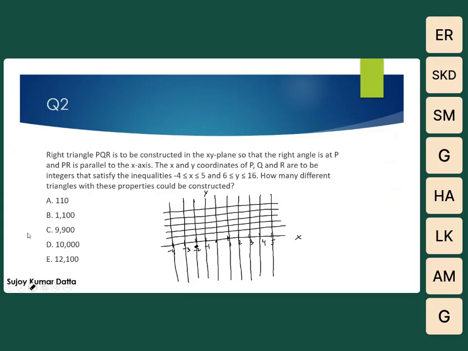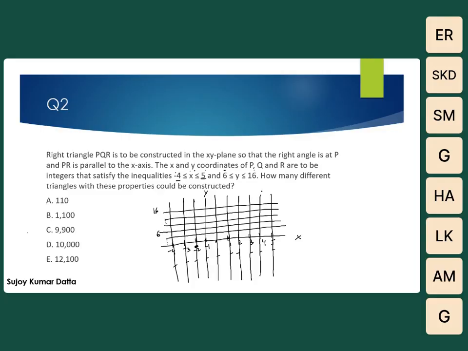So basically, you have these grid lines. Somewhere you have got 6, and there are some lines in between, and you have 16. I'm not drawing all of them. So here, how many lines do we have? From -4 to 5: from -4 to 0 is 5 points, and then 1 to 5 is 5 more.